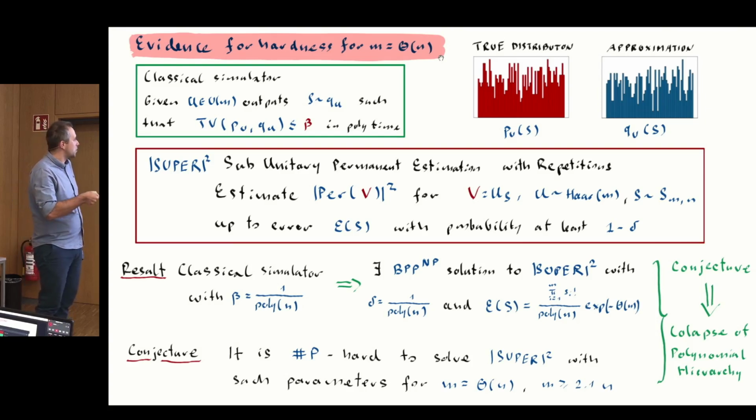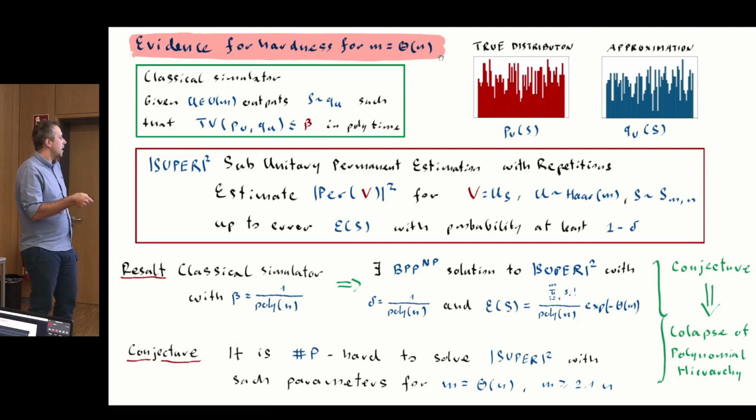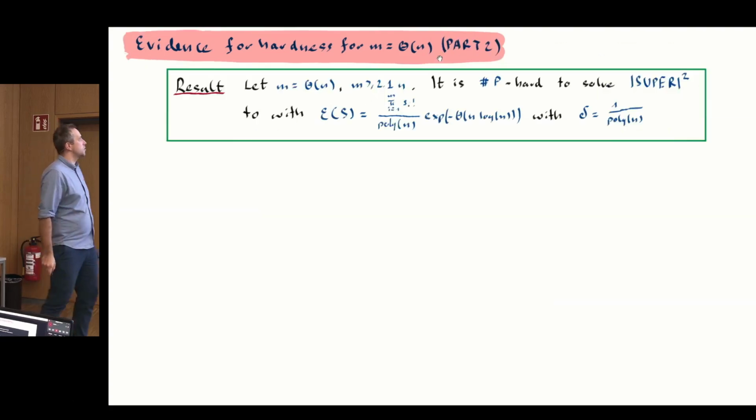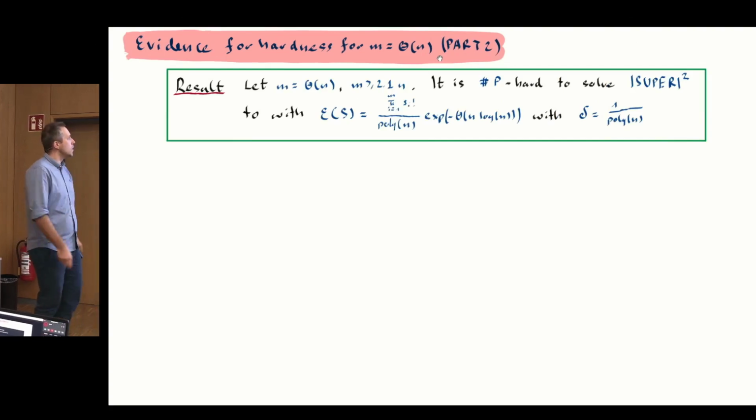Just like with any other quantum advantage proposal, we cannot prove this conjecture. We can just give evidence for it. So this is what the next slide is about.